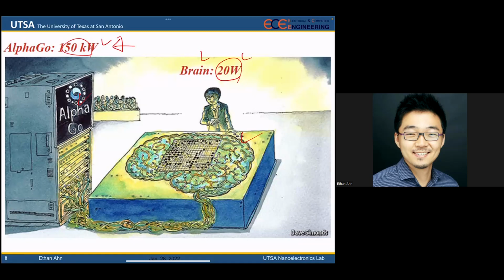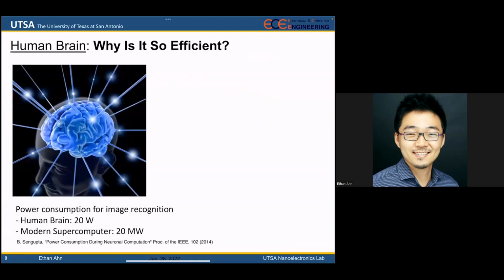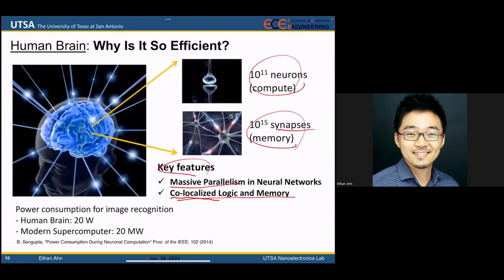This is happening because our human brain has neurons and synapses, billions of them, all connected and distributed in the brain. The key feature is massive parallelism, because these neurons and synapses are co-localized.